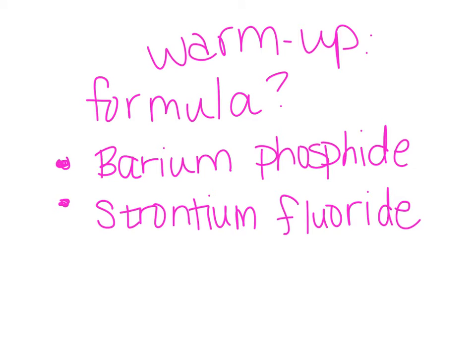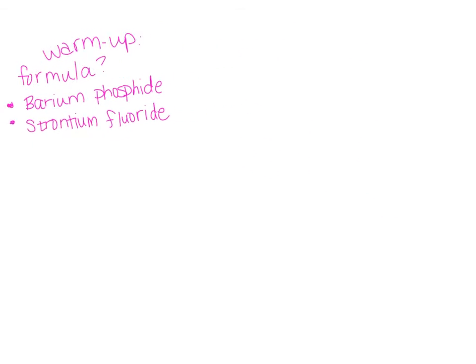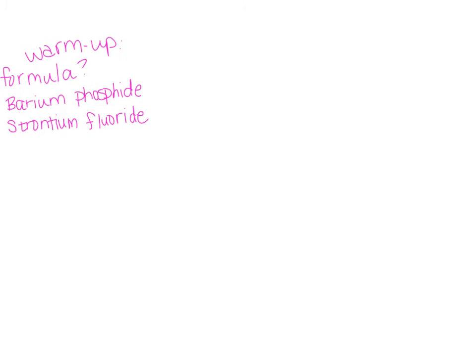All right. So for the warm up, you needed to write the formulas, and what we were going over yesterday. Especially if you were absent yesterday, make sure you're watching the little process, unless somebody explained it to you. We started with Lewis dot structures, meaning we wrote out, for the first one, Ba for barium.